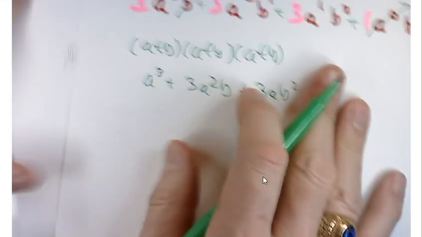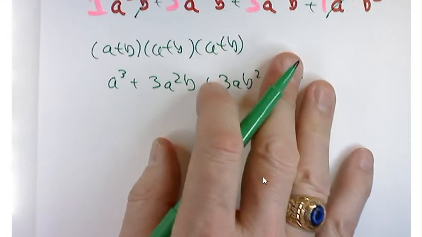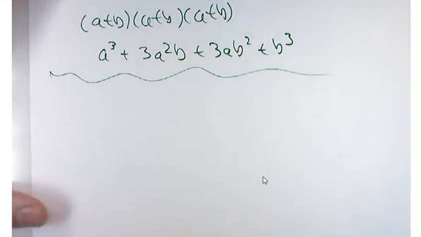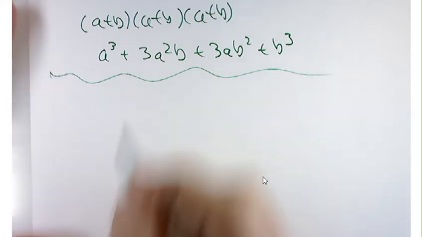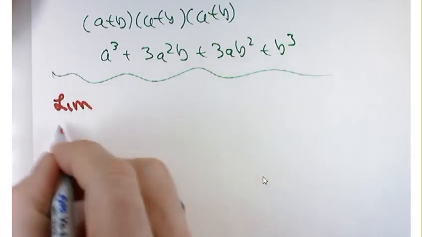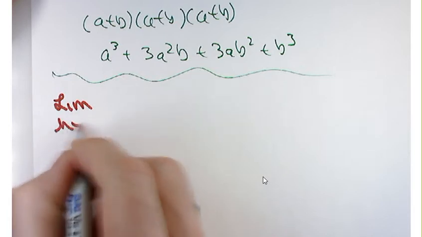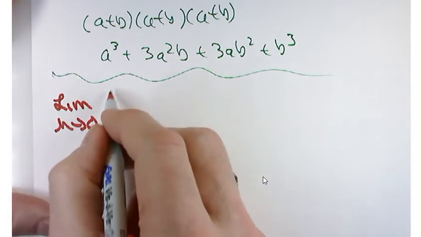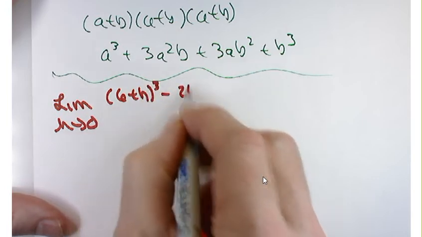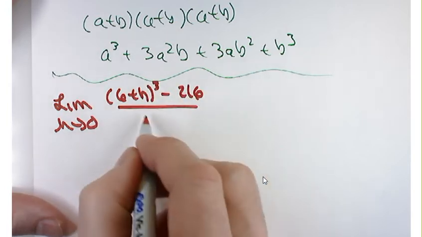All right, so what does it have to do with this one? Well, in the numerator, I've got a limit that involves the cube of a binomial. So I want to calculate the limit as h approaches 0 of 6 plus h cubed minus 216 over h.